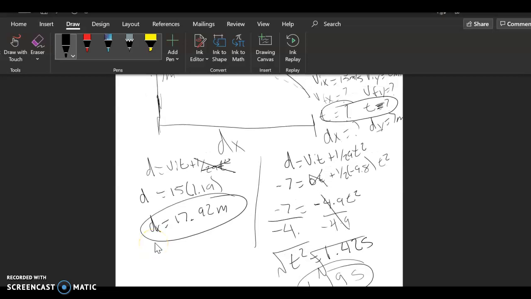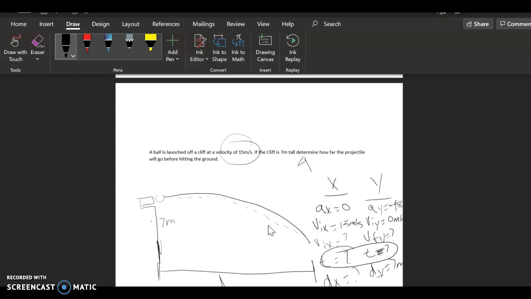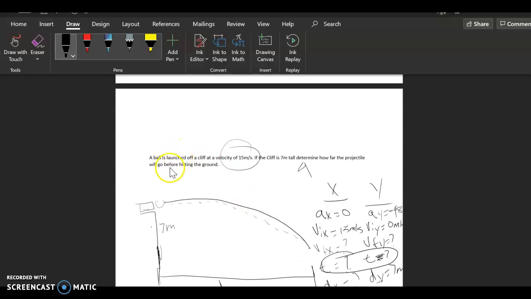So let's take 20 seconds to recap, right? When we're doing these problems, the acceleration in the x will always be 0. Okay, gravity does not affect horizontal motion. This is horizontal. It's not going to affect horizontal motion. What I did is I found my knowns and unknowns. So what was VIX?